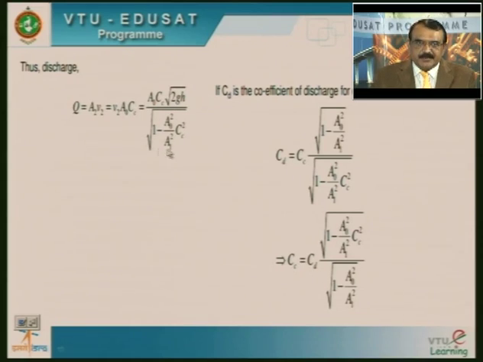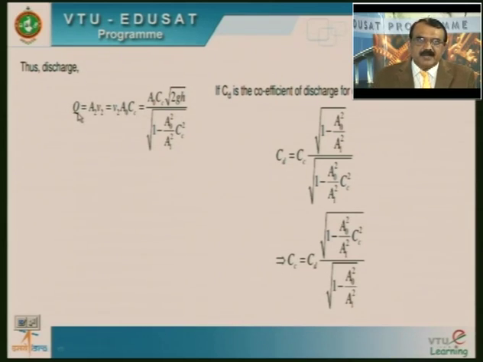Once you get this equation, you need to find a relation between coefficient of discharge and coefficient of contraction. I am going to talk more about this relation in the orifice and mouthpiece problems. For this section, if you remember this, that will be more than enough.